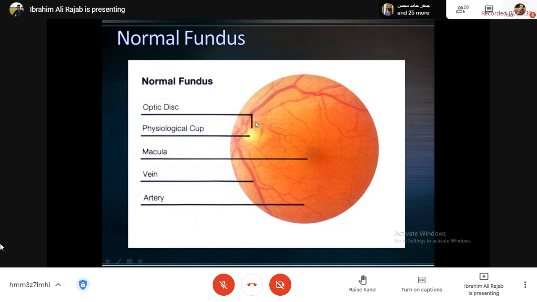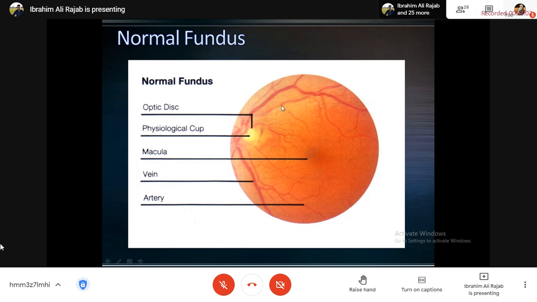The optic disc has two parts. The peripheral part is called the neuroretinal rim, and the central part is called the optic disc cup. So we have rim and cup. Then we observe the blood vessels. The blood vessel which has a wider diameter and is more dark red in color is the vein.